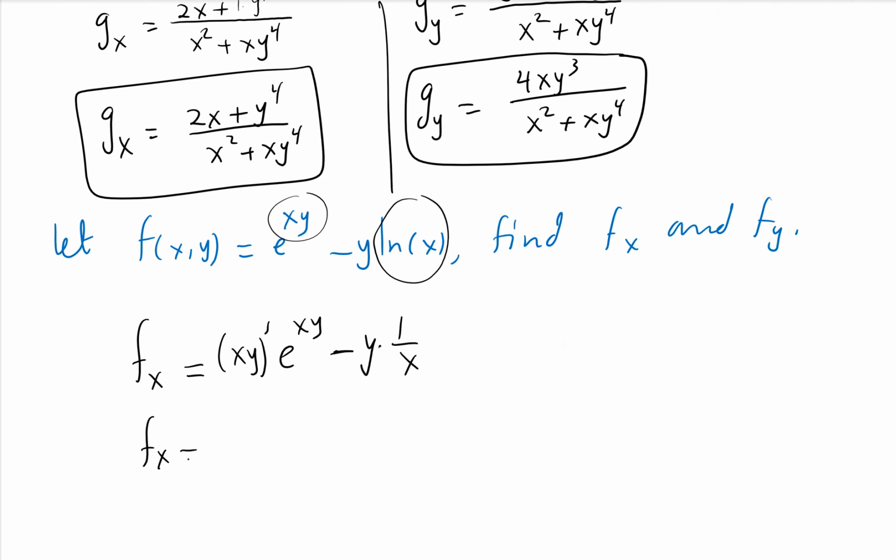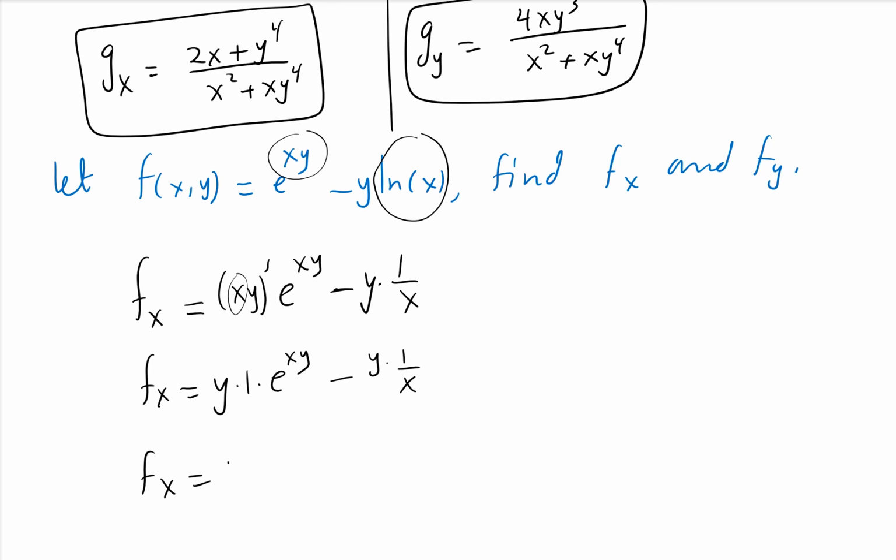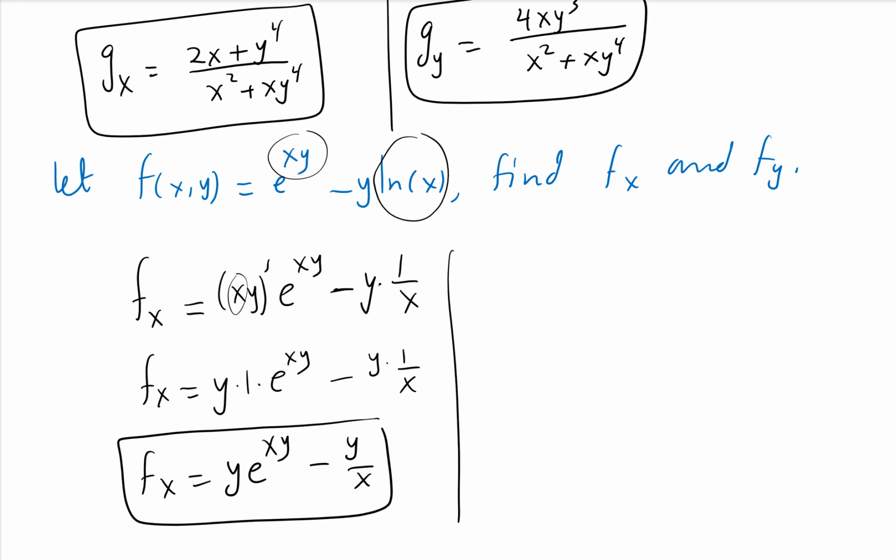Let's see what we get here. The differentiation with respect to x, so the y is a constant. Derivative of x is 1 times this stays the same. We can rewrite this as y e to the xy minus, put the y on the top. That's f sub x.